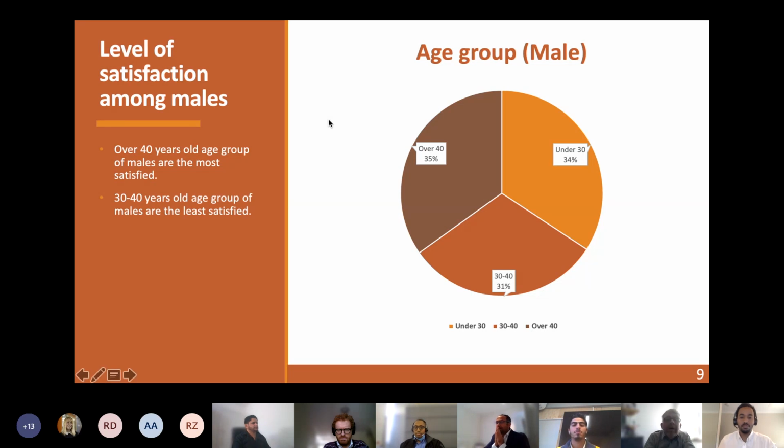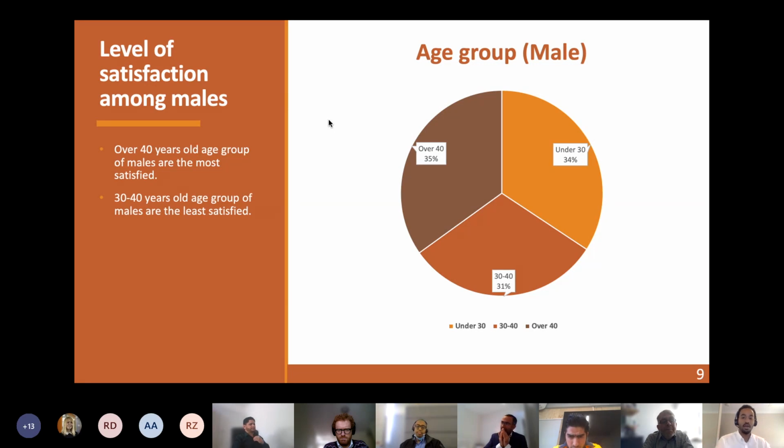But basically, this is the average. We got all the results and changed them into scales, and then we took the average of all the candidates. So we compared the average between males and females. Then we divided the average in terms of age groups, and that's what we realized.